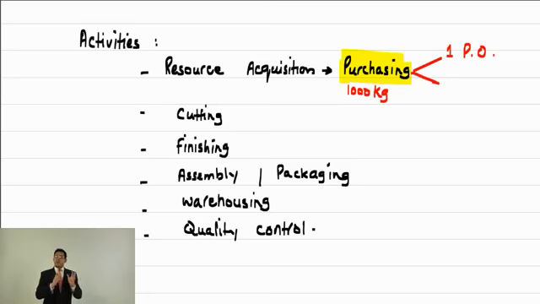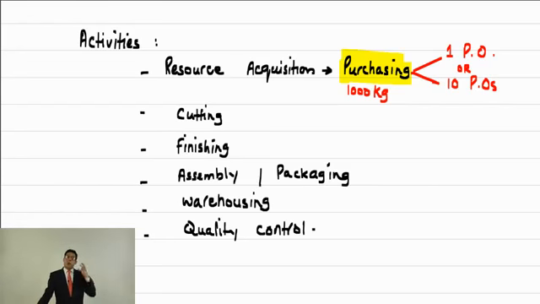Or a second strategy can be, instead of buying all 1000 kilos in one purchase order, a number of people do not buy in bulk. They may buy 1000 kilos in 10 purchase orders of 100 kilos, 100 kilos, 100 kilos.